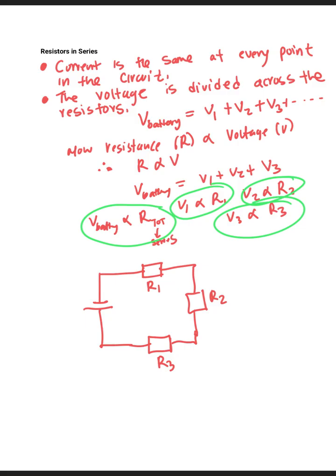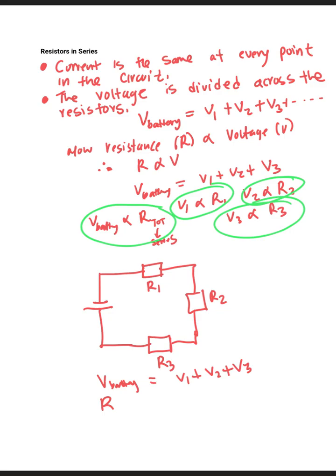So we can write the formula V battery equals V1 plus V2 plus V3 for this circuit, right?